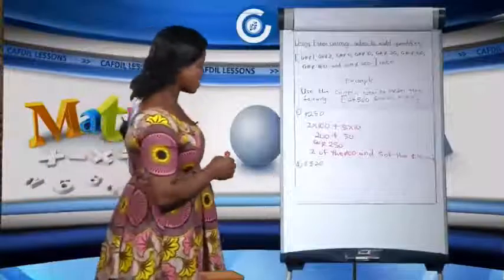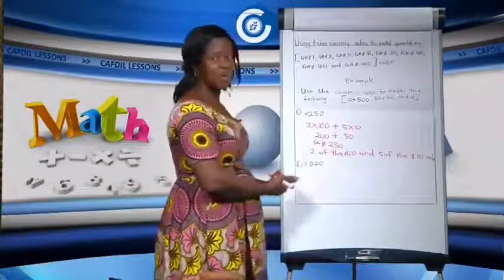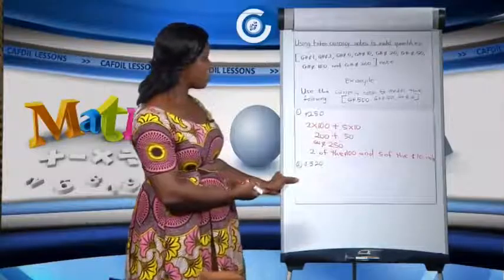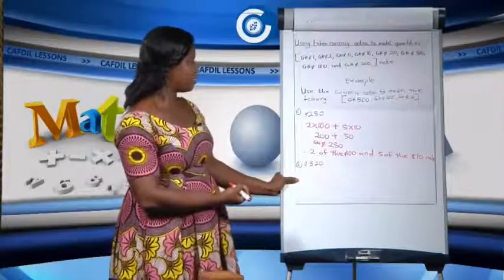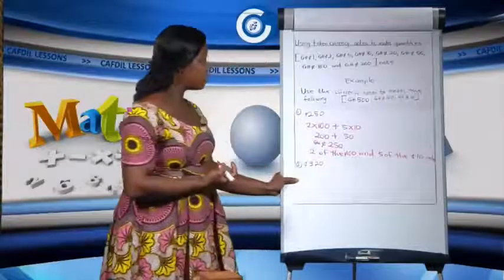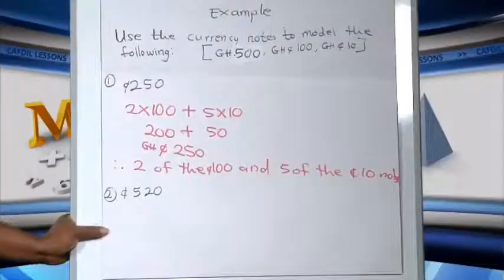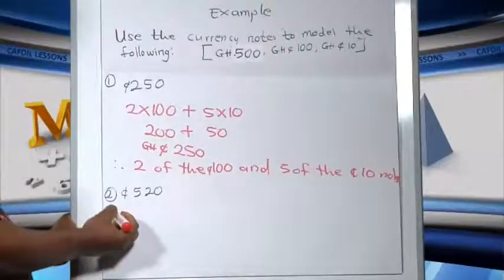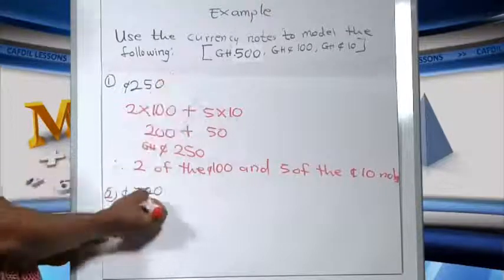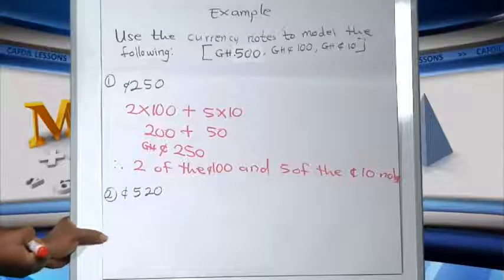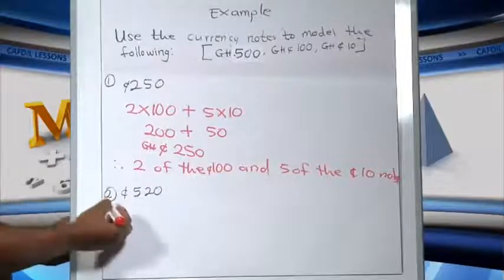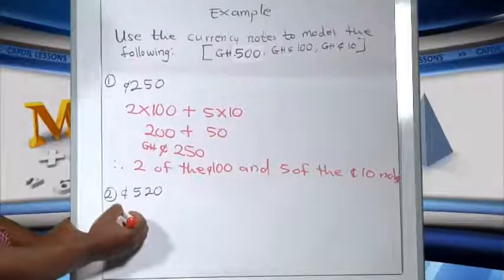I hope you'll be able to do the second one. Okay, let's do it together. 520 cedis. You have these notes in your pocket. So you give the seller 1 of the 500 cedis note.